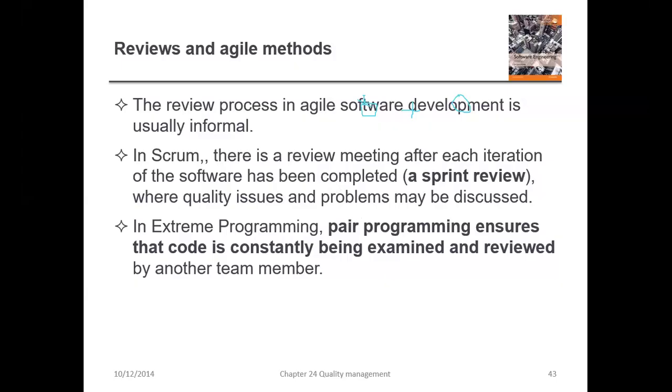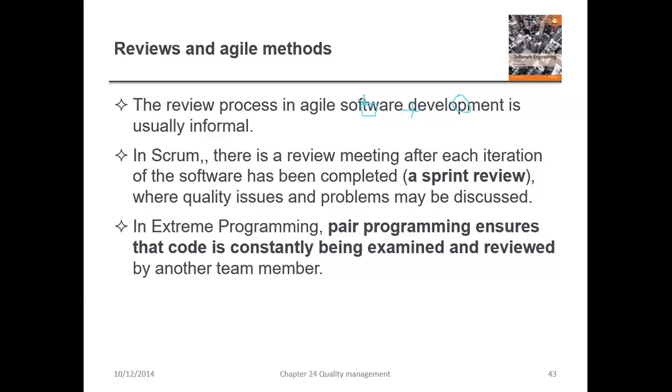Then in another method that we call extreme programming, they have what they call pair programming as a quality assurance practice. So pair programming says that you should have two people working together.